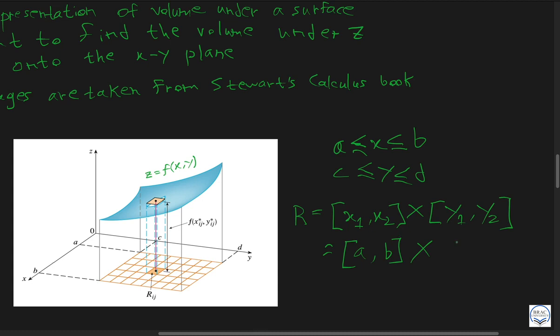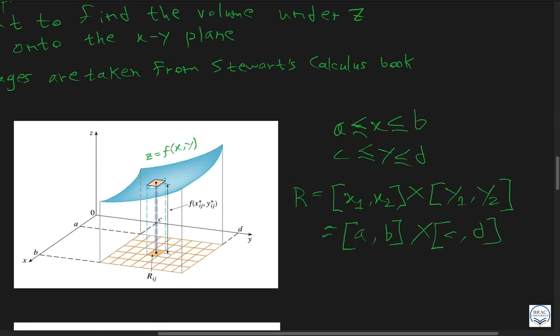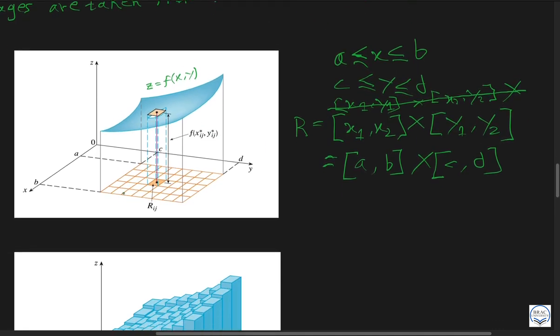Now you can see that our first x interval is just from a to b, right? So the first point is a, the second point is b. Similarly, our y interval starts from c and ends at d. Now a common mistake is to mix that up. Do x1, y1 crossed x2, y2, and this is wrong. Do not do this.